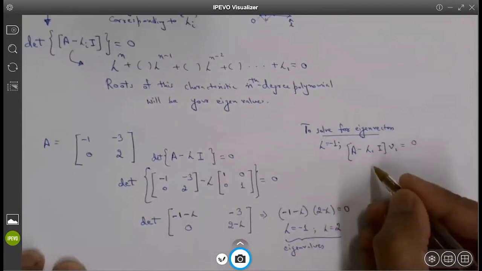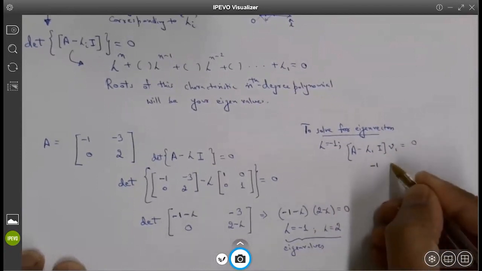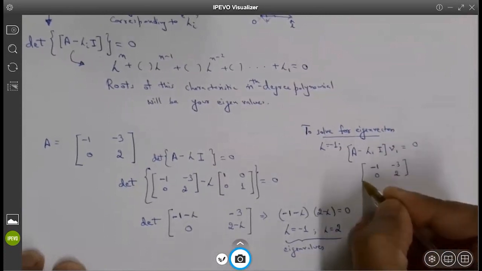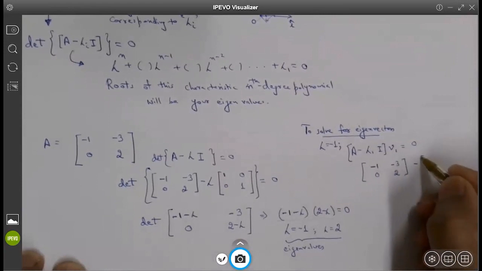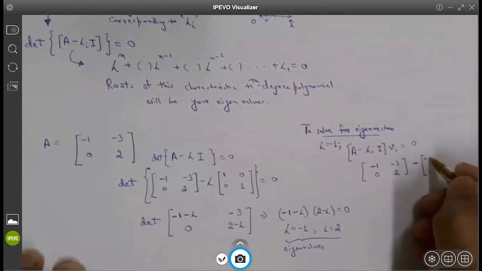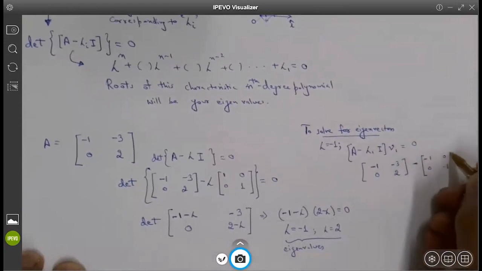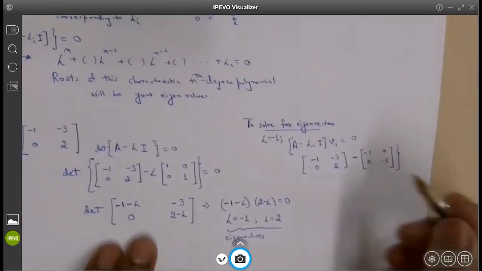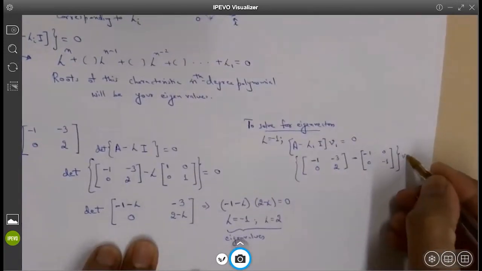Now I have [-1, -3; 0, 2] minus lambda 1 I, which is [-1, 0; 0, -1], times V equals 0.